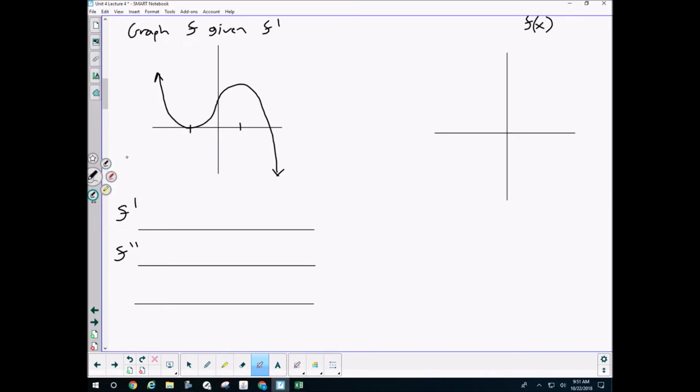Okay. This is exactly what you did in your quiz. Produce f prime and f double prime. Now we're going to be able to sketch the separate portions of f.